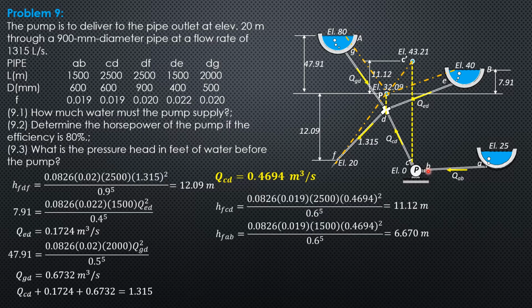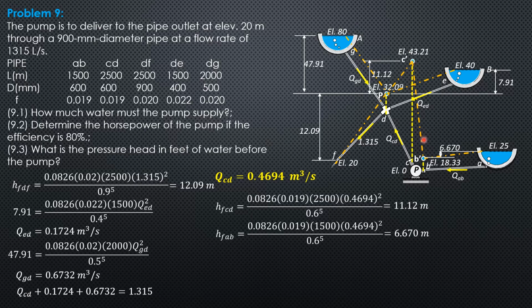Therefore, the energy level at B is 25 minus 6.67. Let's show the direction of flow. So this is 6.67, therefore the elevation there is 18.33 meters.